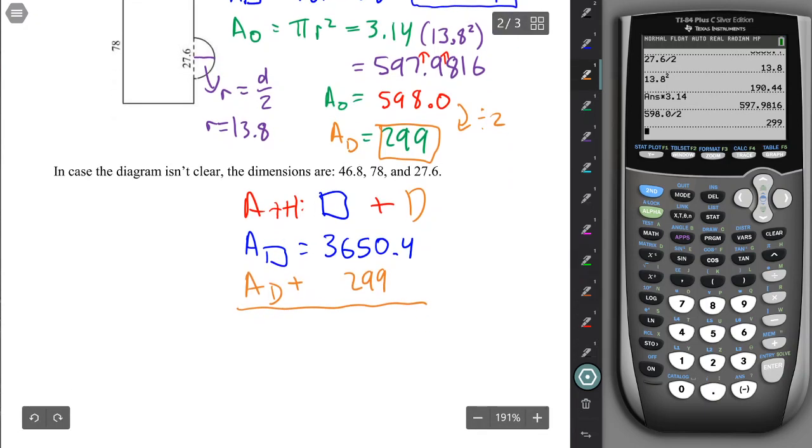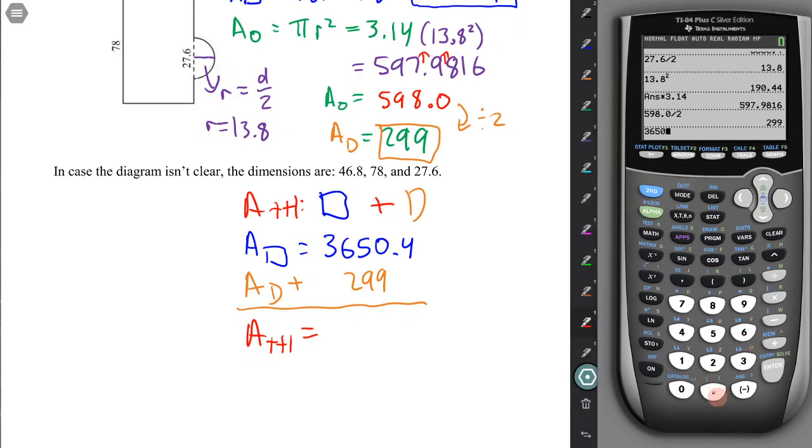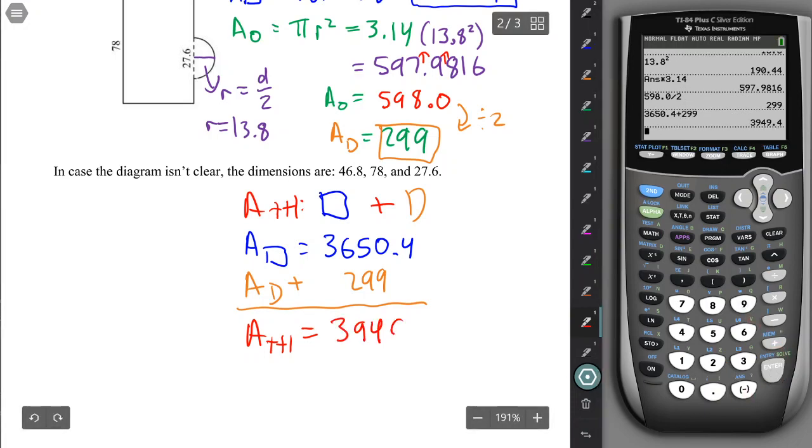Add those two together, and our area total is 3,949.4. All right, hope that helped.